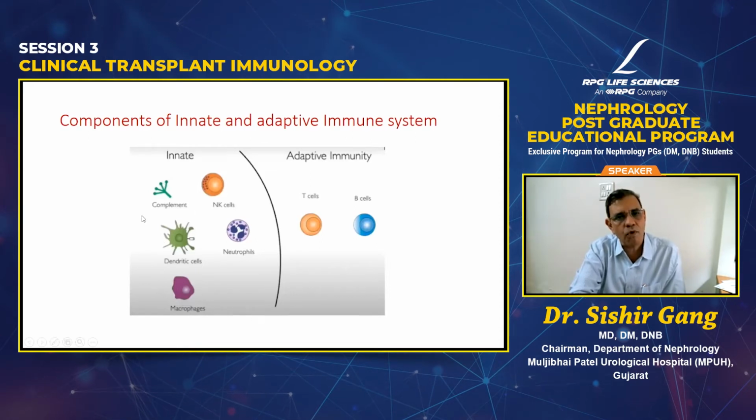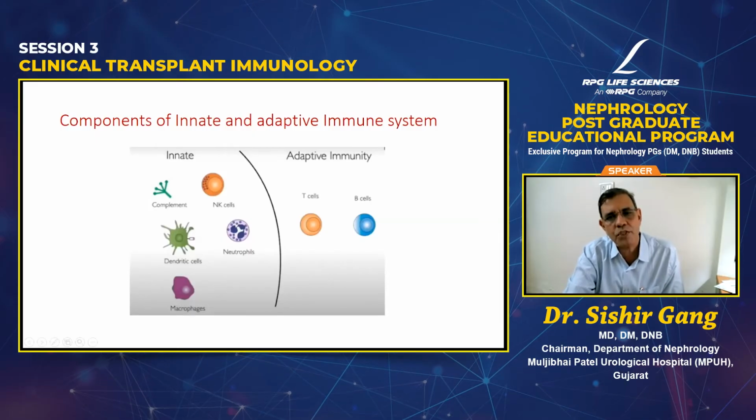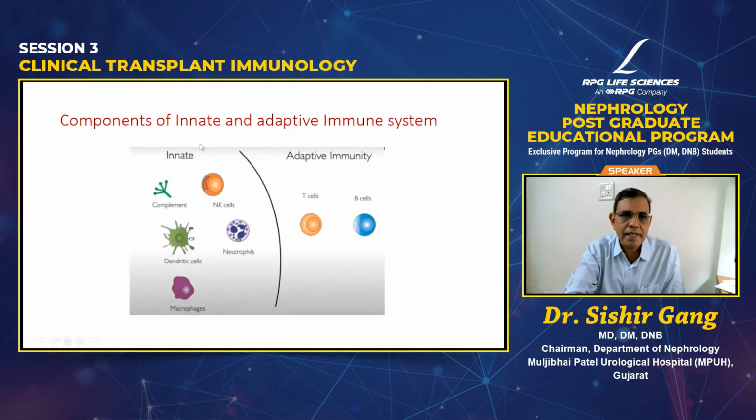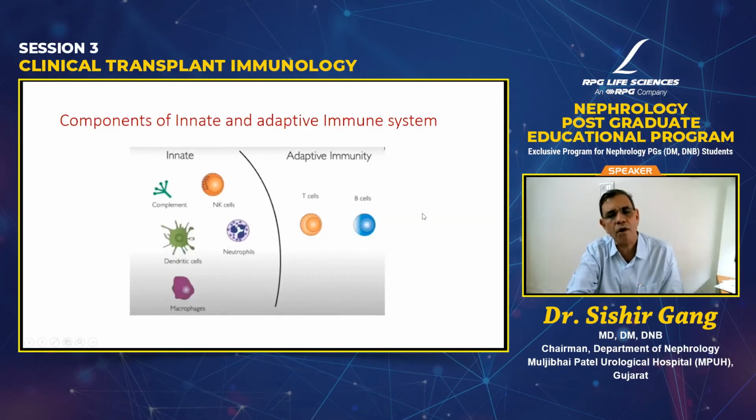The common proteins involved are the complements, and the cells involved are the neutrophils, the macrophages, the dendritic cells, and the NK cells. Whereas the adaptive immune system is something which the body develops after the first encounter. The innate system is important for educating the T cells and the B cells to mount a response to a foreign antigen or to a pathogen.